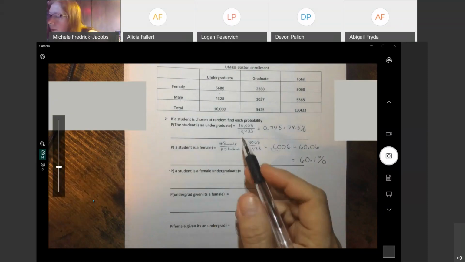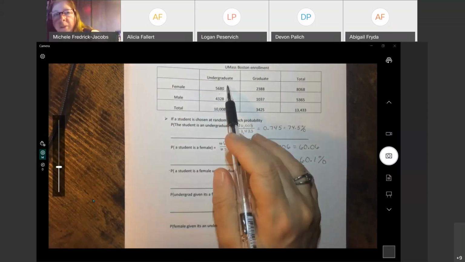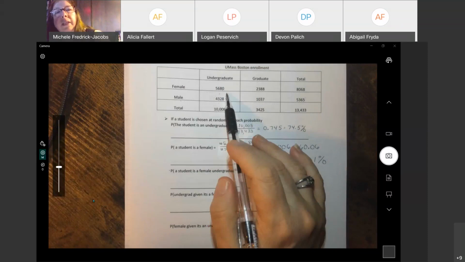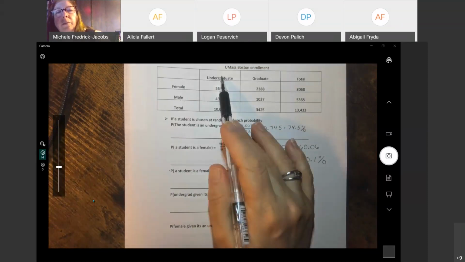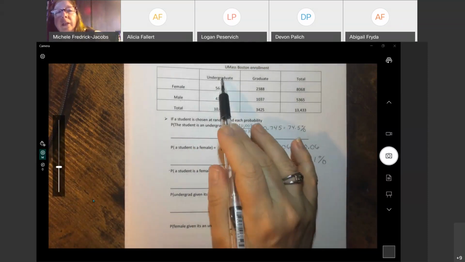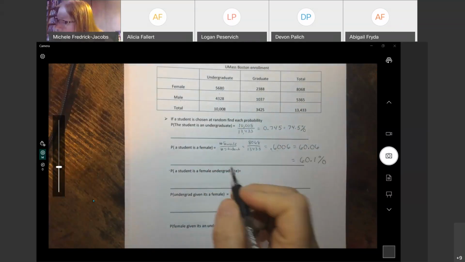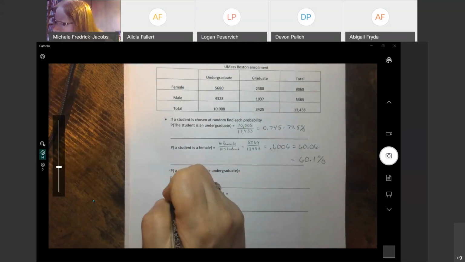Female undergraduate would be the 5,680 because we want both female and undergraduate. That's another way this one could have been written, was an and.